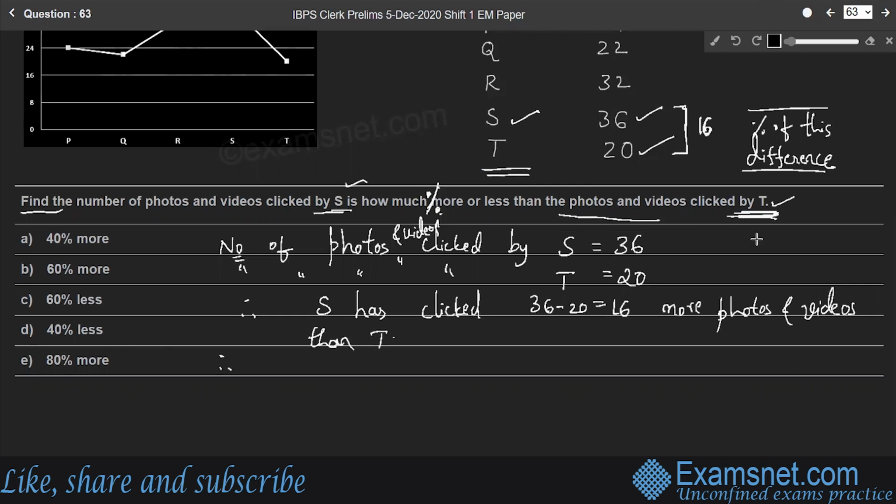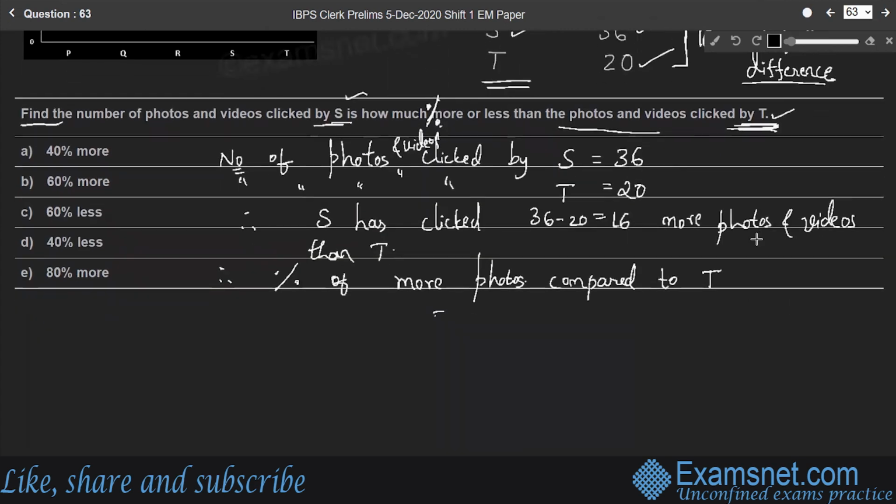Therefore, the percentage of more photos compared to T is equal to: for 20 photos and videos, the difference is 16.